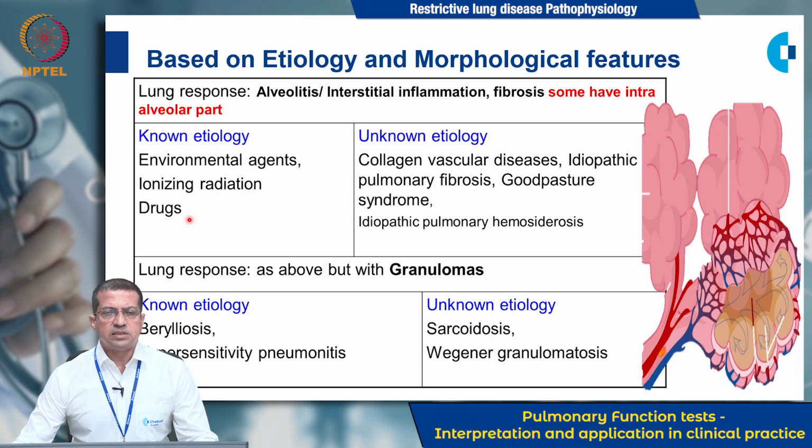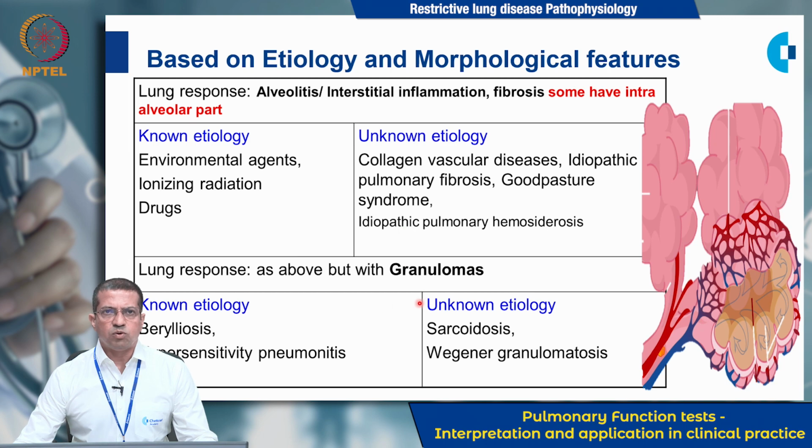Some of the drugs that are inhaled by some people will also end up in fibrosing lung disease. In the other category, we don't know the source of the thing that is triggering the fibrosing lung disease. They come under the category called unknown etiology. We have some connective tissue diseases, some autoimmune diseases, Goodpasture syndrome, etc. that can lead to fibrosing lung disease.